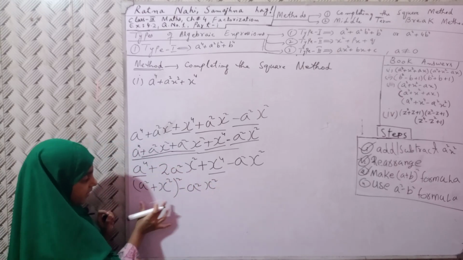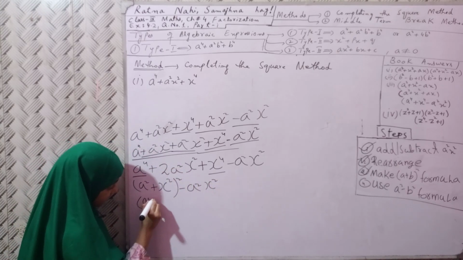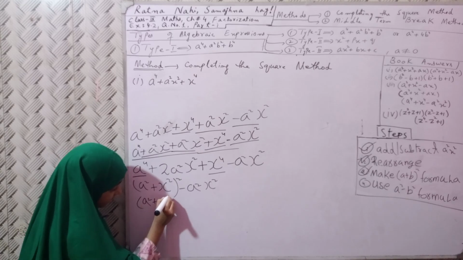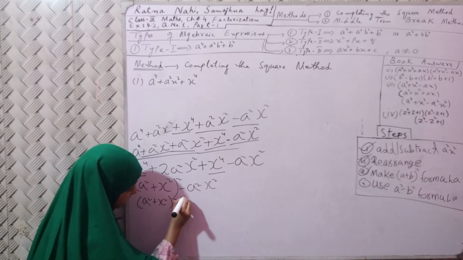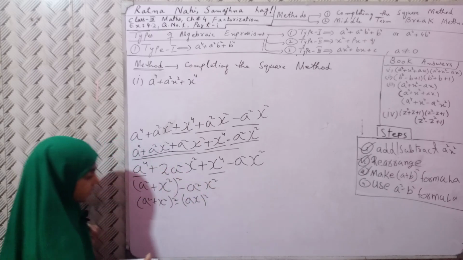Now this will come here and this will come here: bracket a square plus x square whole square minus bracket ax whole square.